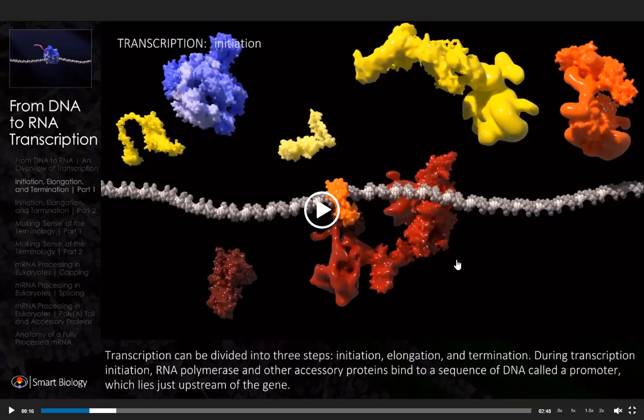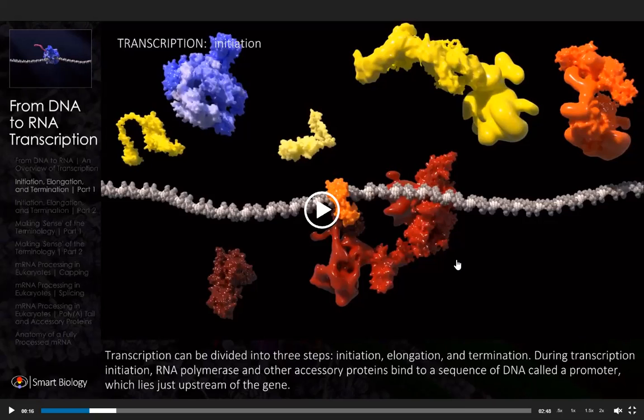There is a nucleotide called the transcription start site, which is the beginning of the gene, and the mRNA will start getting synthesized using that particular nucleotide on the DNA as the template. But to recognize that nucleotide, the RNA polymerase needs the help of many other proteins.